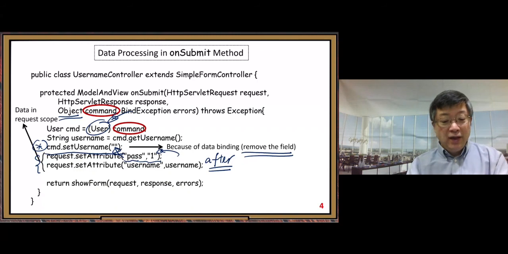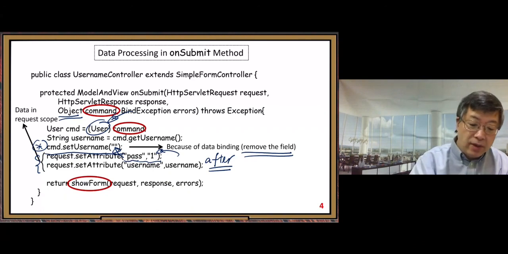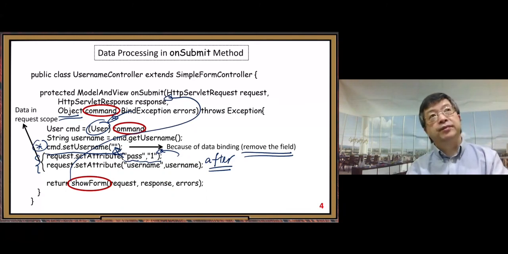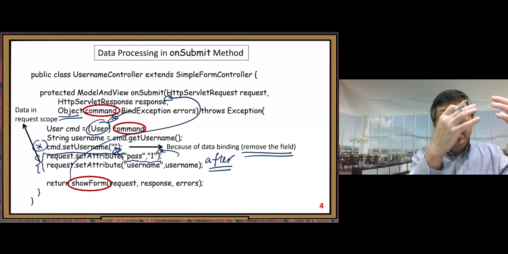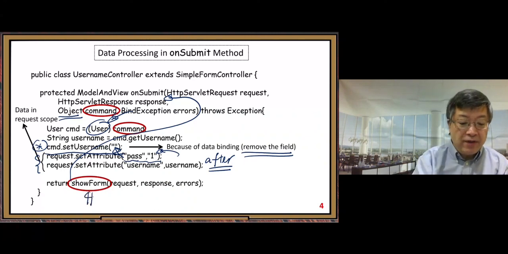All right. Then the last one is also pretty special. The ShowForm method. The ShowForm method is connected to this onSubmit method. ShowForm because we want to send the response to the original form. When you want to do that, you use the ShowForm method.